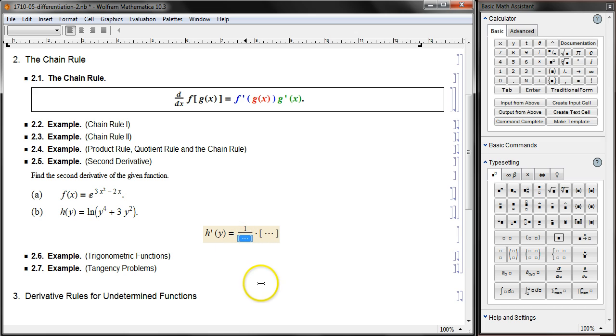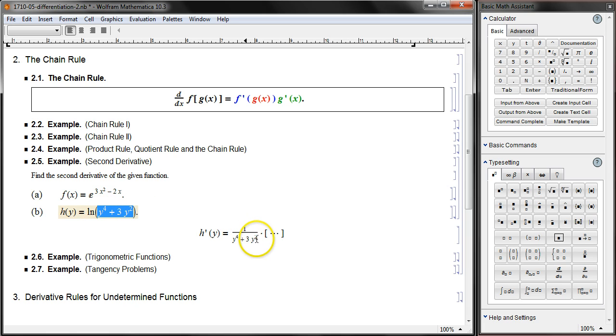So what goes to the denominator? Derivative is 1 over x, so you have to get the same thing back. So y to the fourth power plus 3y squared. Exactly the same thing has to come here. You see, inside doesn't change, so you just copy it.